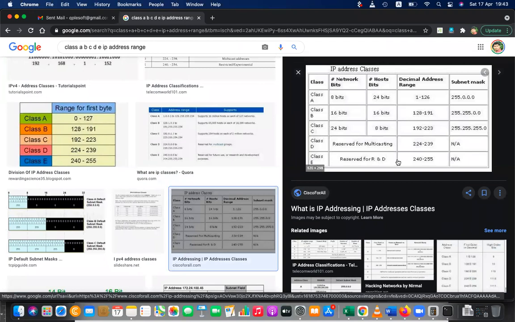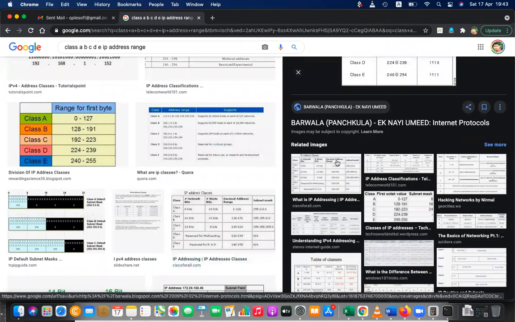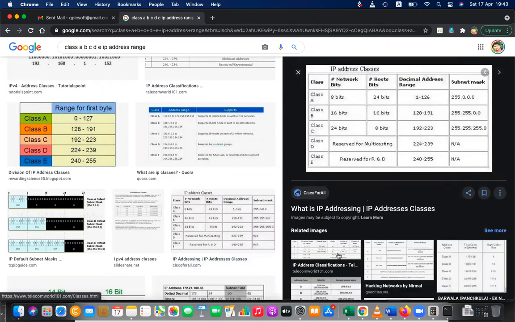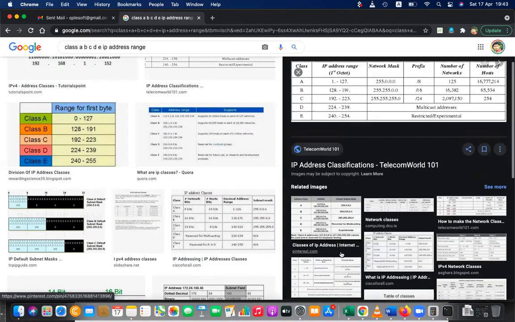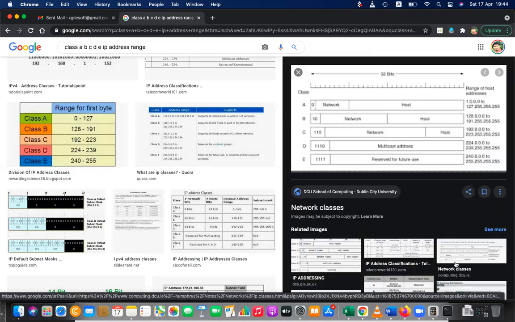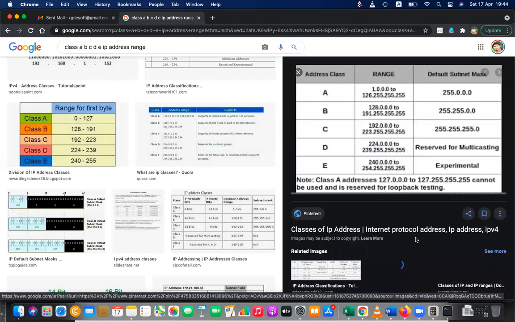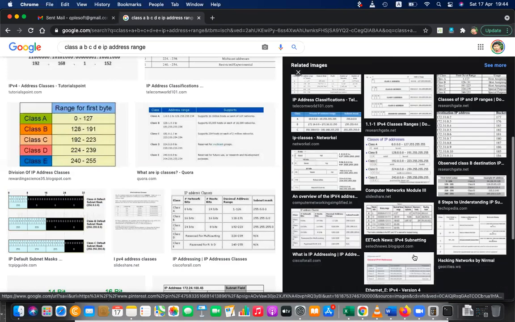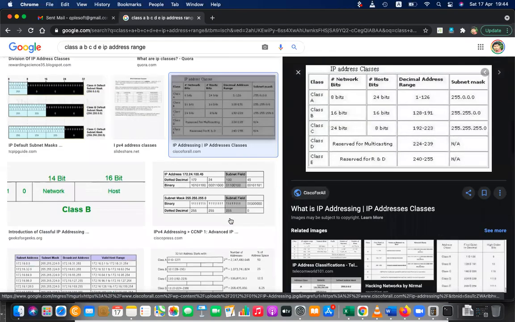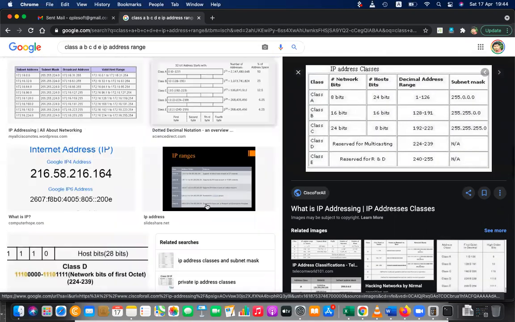Okay, let's go for this one. I need the valid ranges, but it doesn't mention that.